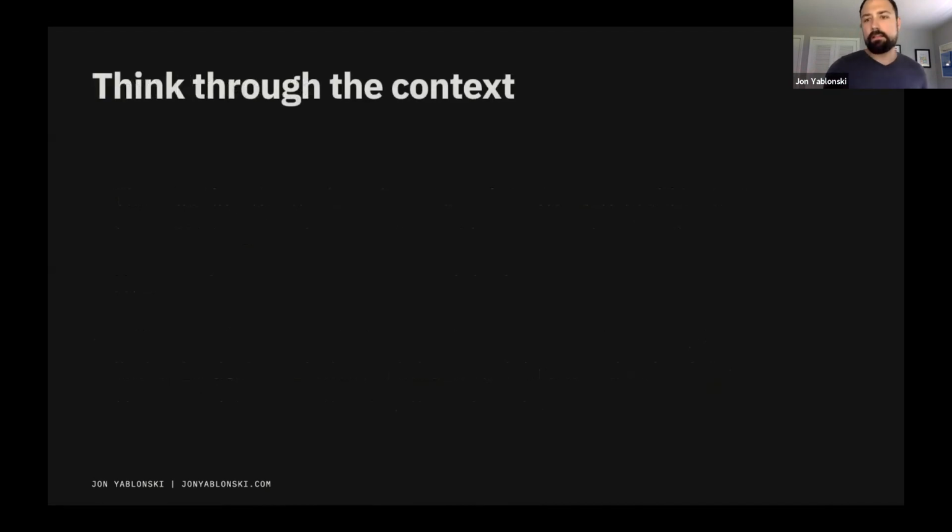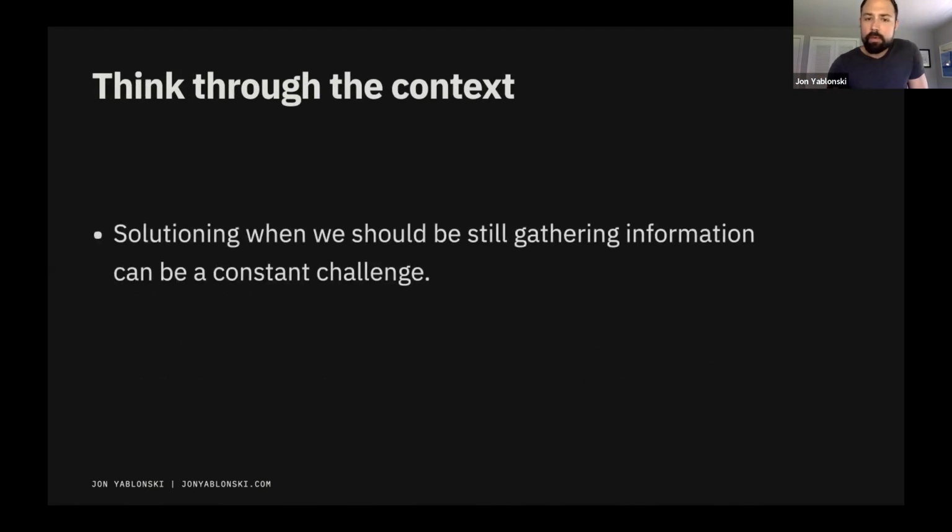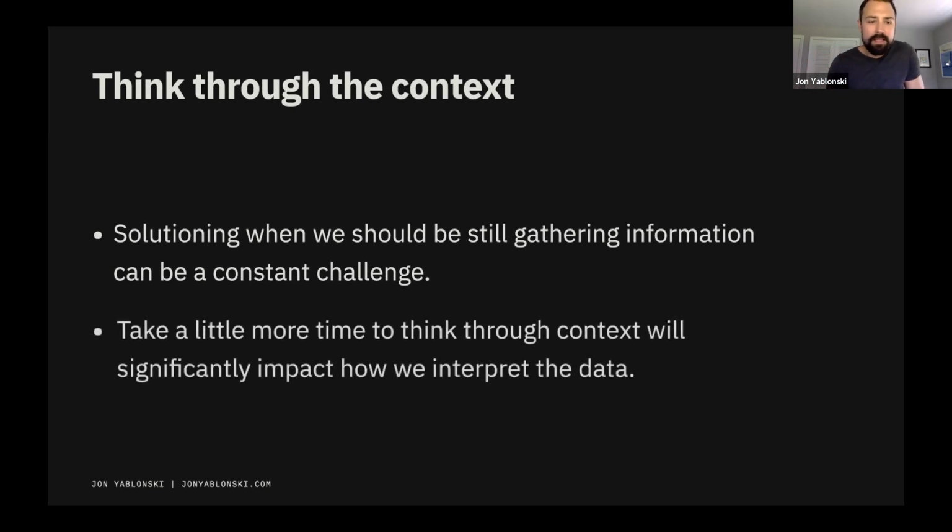So how can we mitigate this? Well, the first thing we can do is really think through context, right? Solutioning when we should still be gathering information can be a constant challenge. And while it may be tempting to jump to design solutions right away, taking a little bit more time to think through context will significantly impact how we interpret the data overall.